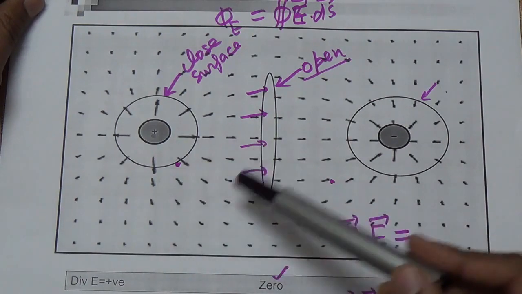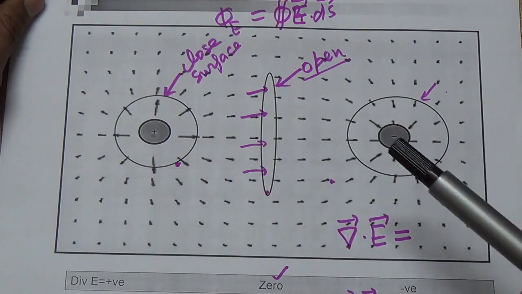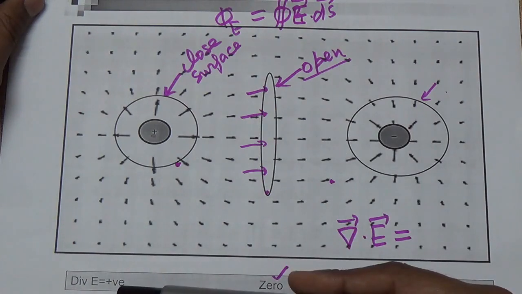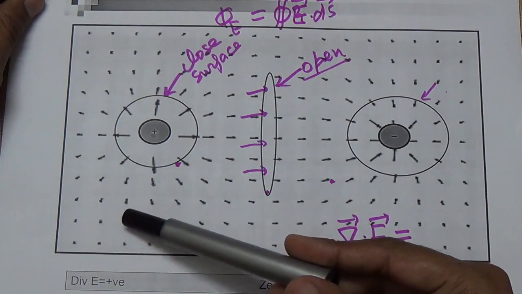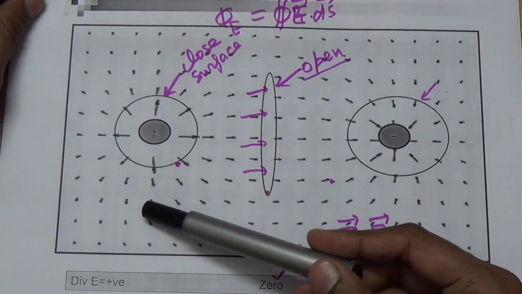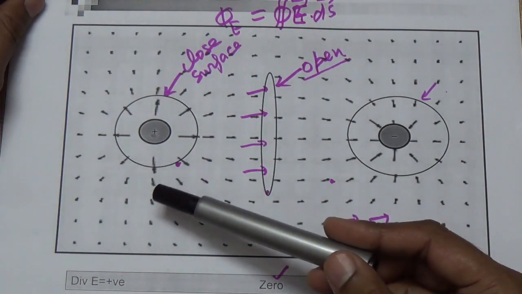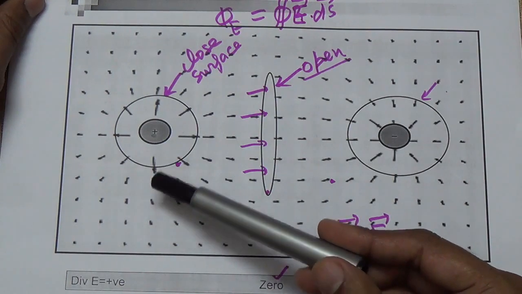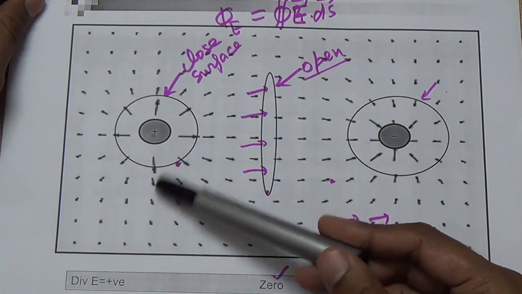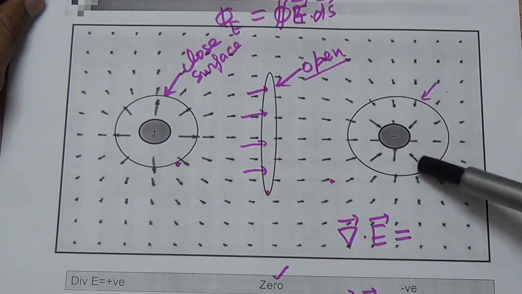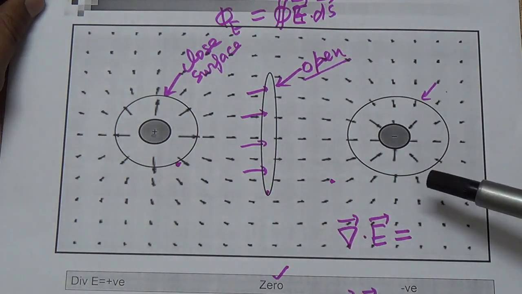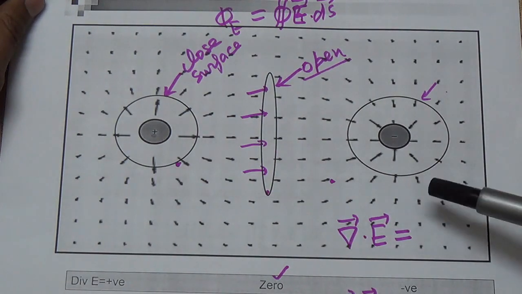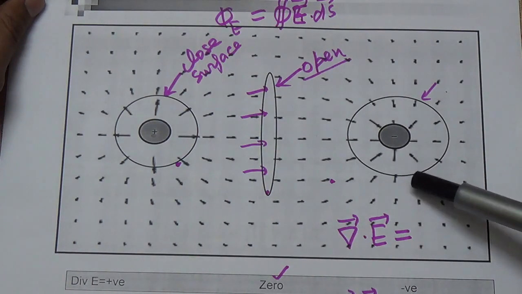In the last lecture we discussed that if the divergence of any vector field is positive, the field is spreading. There is a source, and from that the lines are coming out. And when the divergence is negative, the flux, electric field lines or magnetic field lines are converging.